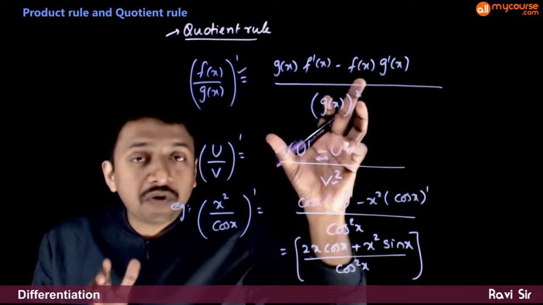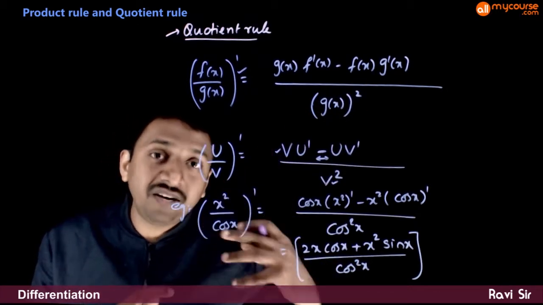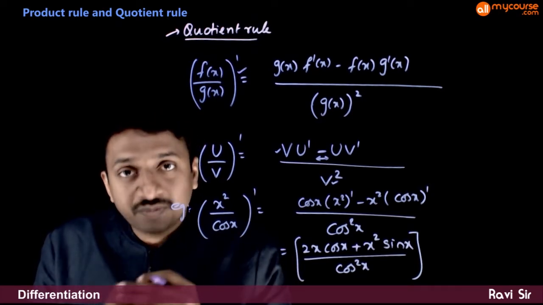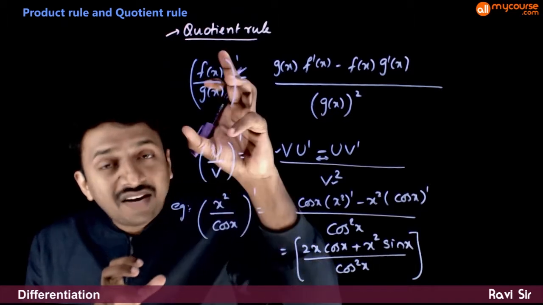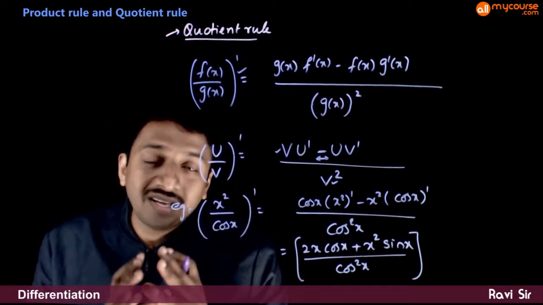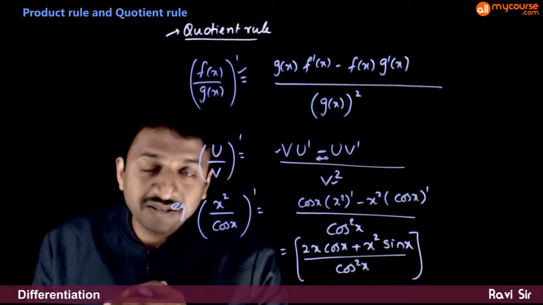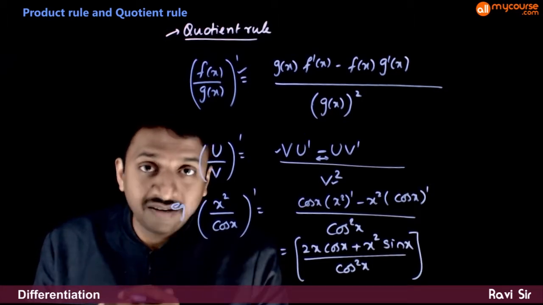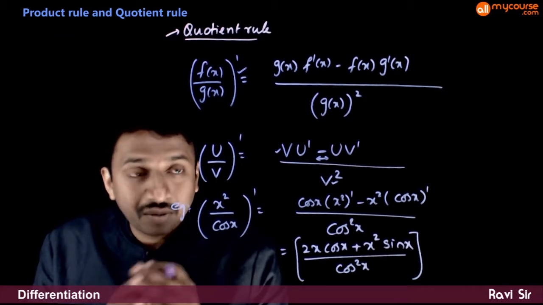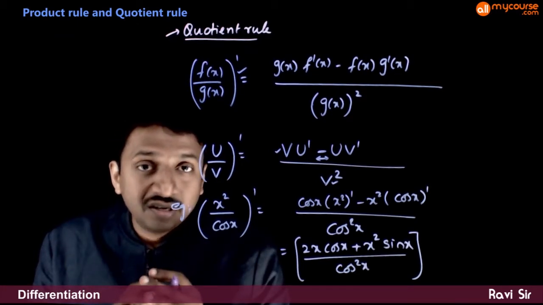So don't think that these formulas have come from a whole different concept. The basic concept is the first principle. The derivations of the product rule and the quotient rule can be done using the first principles, so I'd encourage you to try that. The derivations are not required here, so I'm not doing the derivations.